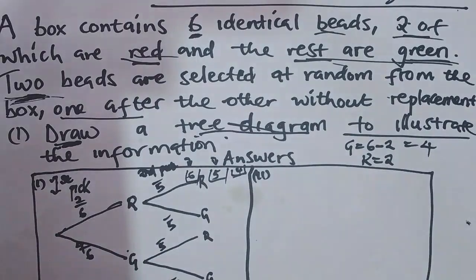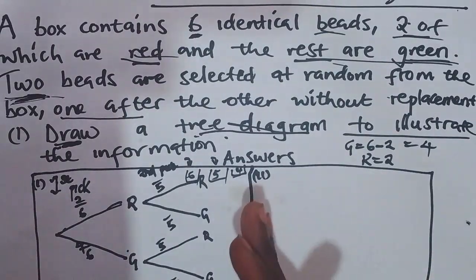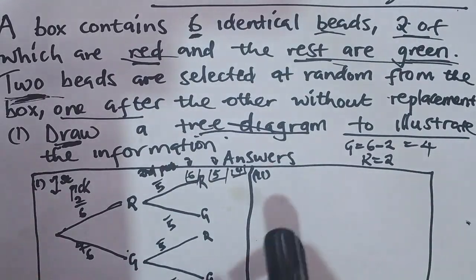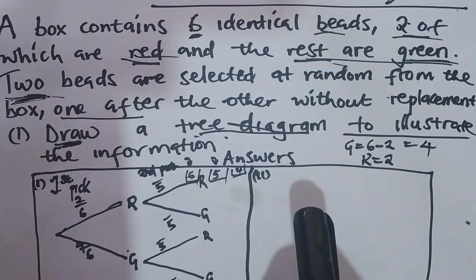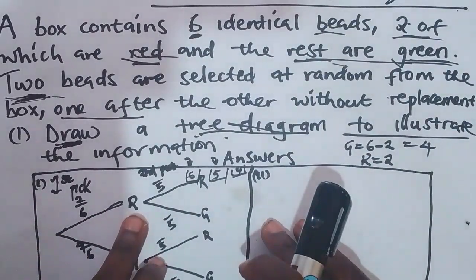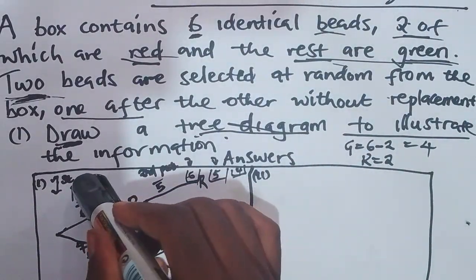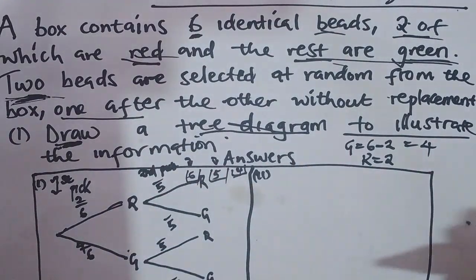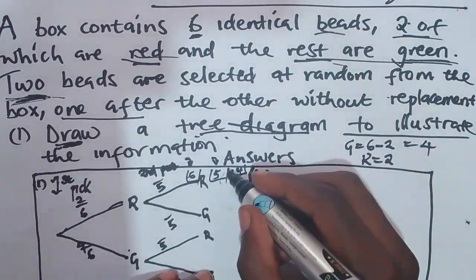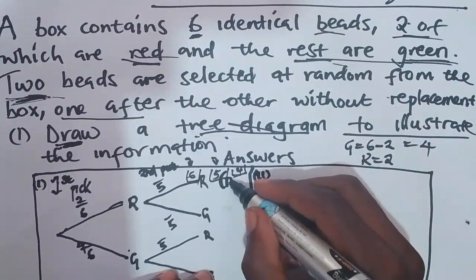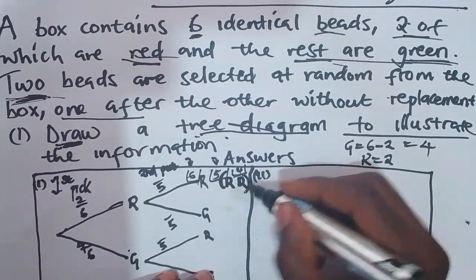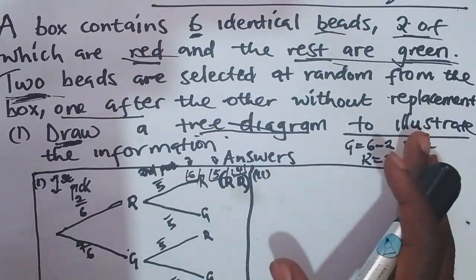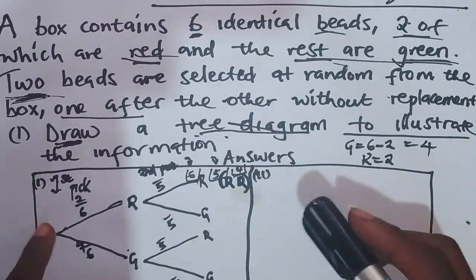Now you get back to the question again. In the first round the probability for picking red was 2/6. If you picked red in the first round and red again in the second round, the probability changes. What do I mean?